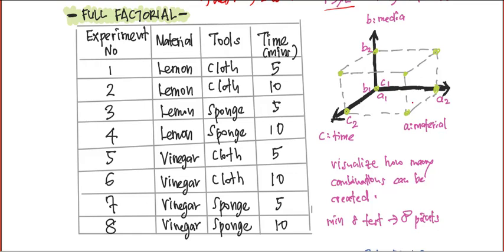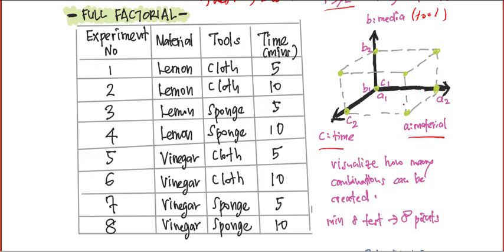It can be shown also in this 3D graph. As you can see here, we have 3 different parameters: material, time, and media or tool actually.